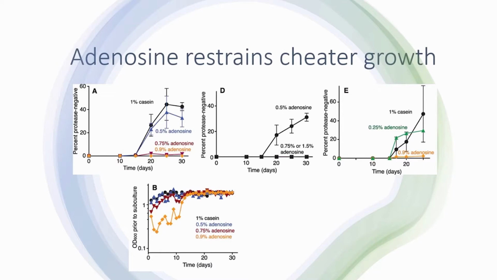So this rules out the idea that maybe we have fewer cheaters in our population because our medium just doesn't grow that well in adenosine. It rules out that this is a medium-related problem with generational growth that isn't specific to cheaters or cooperators.